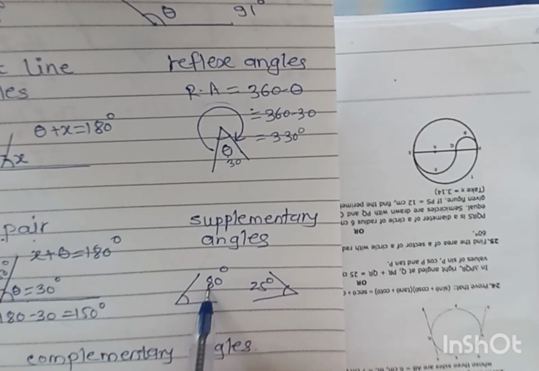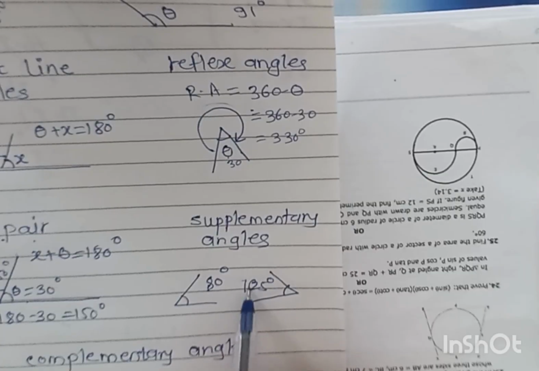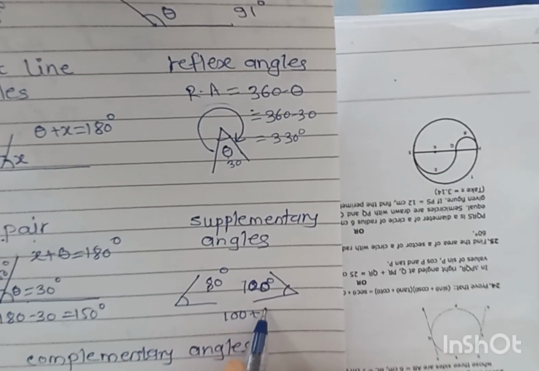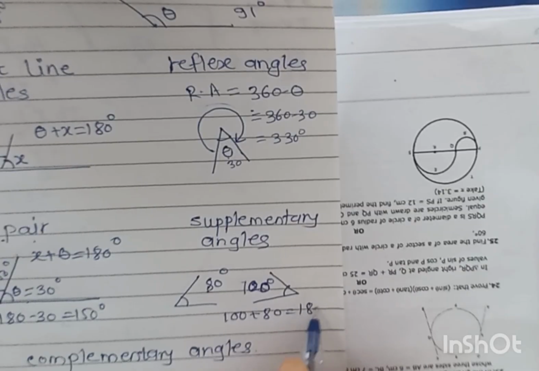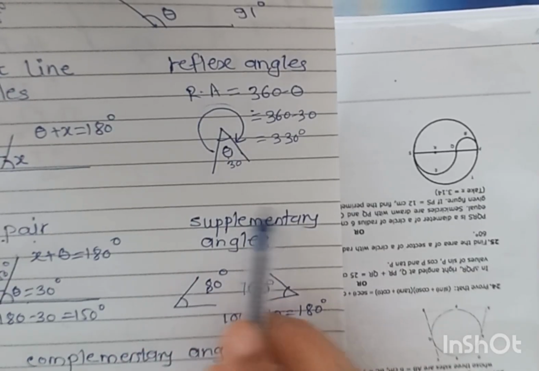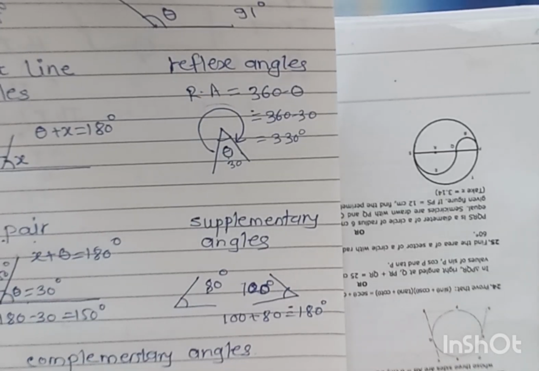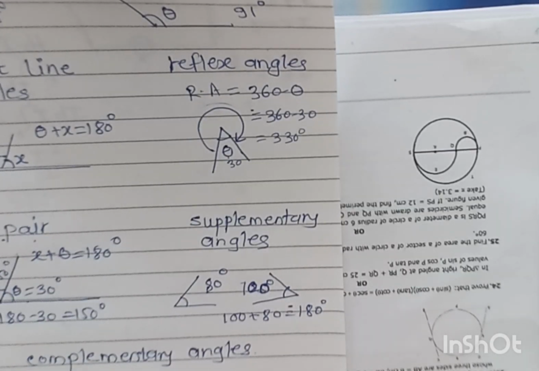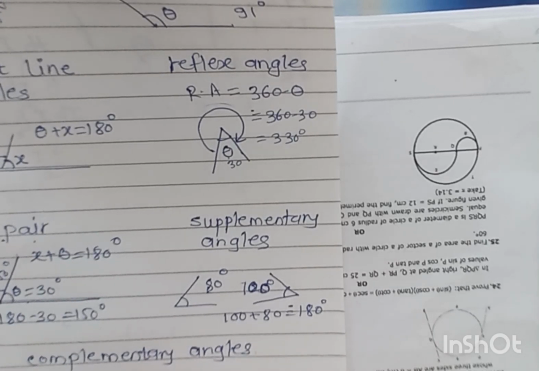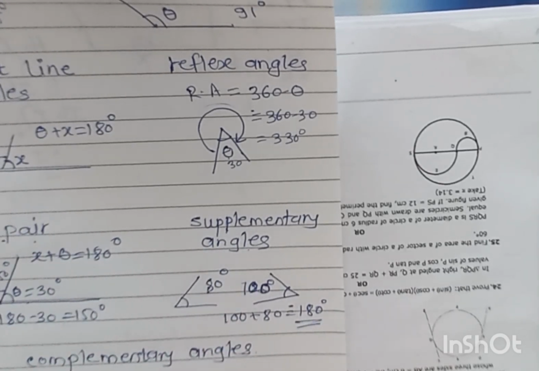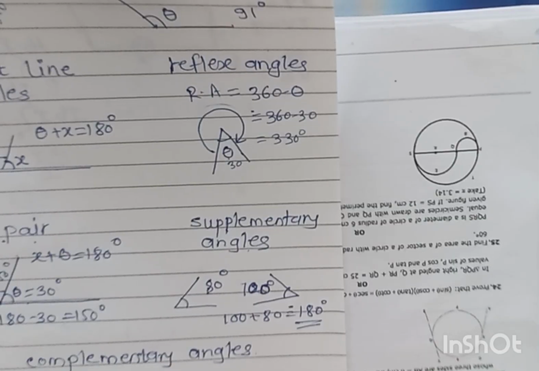Suppose this angle is 80 and they give the other as 100, then we can add 100 plus 80, which is 180 degrees. So these kinds of angles are known as supplementary angles. Their sum should be 180, not less than 180 or greater than 180. The sum of the two angles should be 180 degrees.